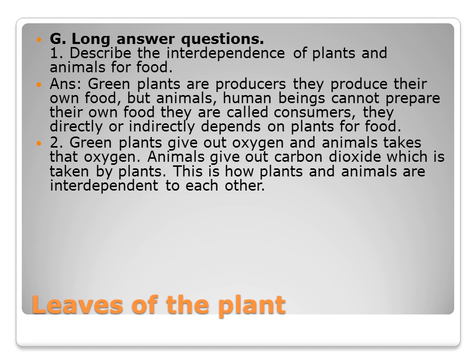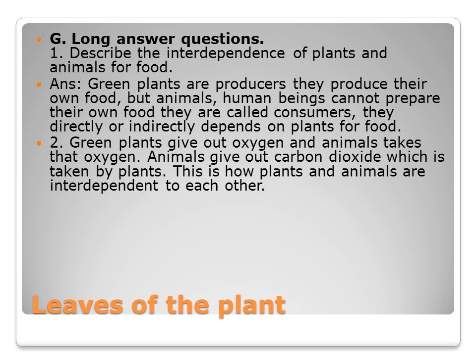How are plants and animals interdependent? As you all know, the green plants are producers. They prepare their own food, but animals cannot prepare their own food. So directly or indirectly they depend upon the plants.